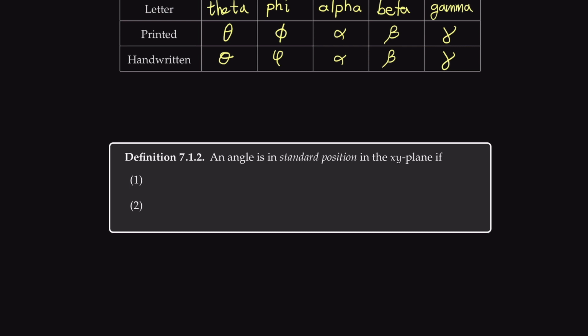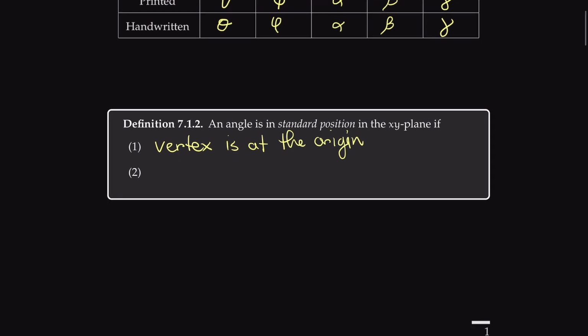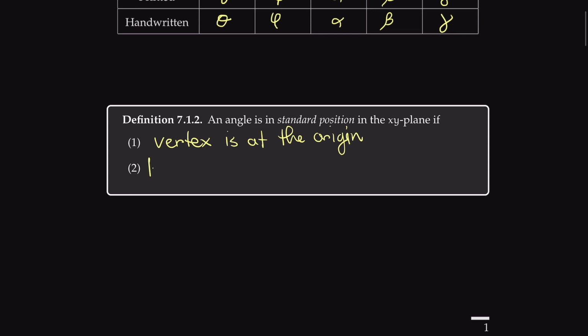And what we need is that the vertex, or the beginning point, is going to be at the origin. And then the second requirement is going to be that the initial side is on the positive x-axis.